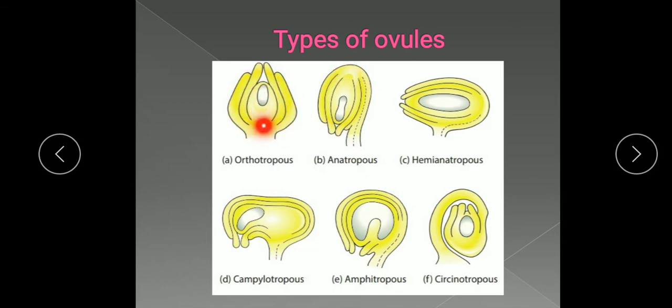In this orthotropous condition, funicle, micropyle and chalazal end, all three are in the straight line. So this is known as the orthotropous condition and found in Polygonum.